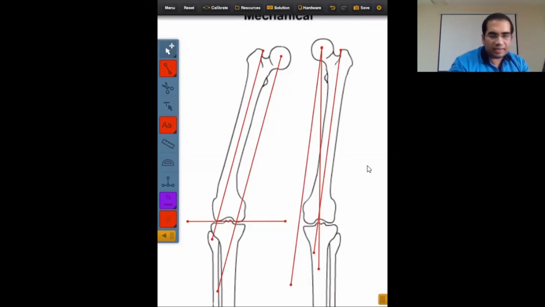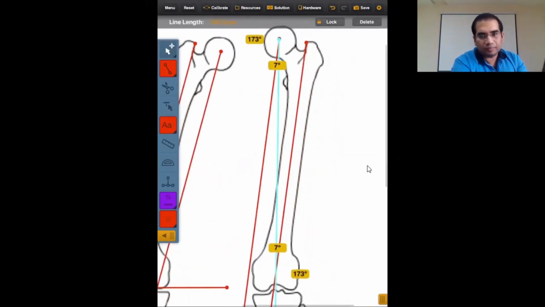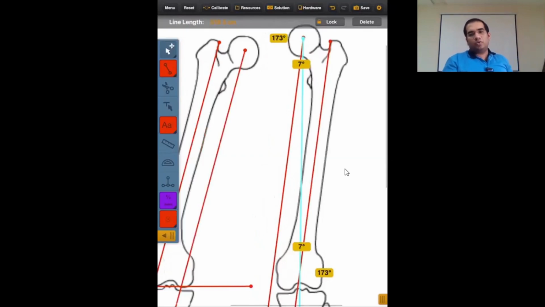So this line is, as you can all see, let me zoom it up. If the angle here is 7 degrees, the angle here must also be 7 degrees. Okay, so this is called the method of three lines.